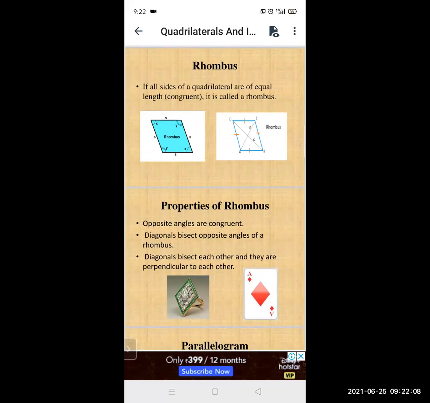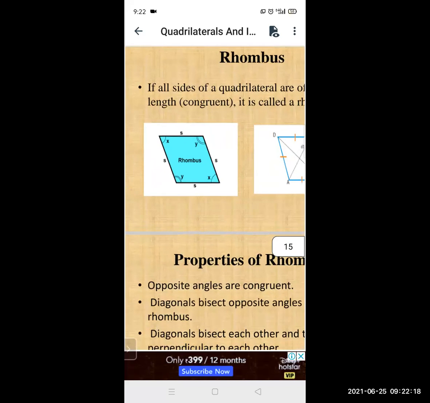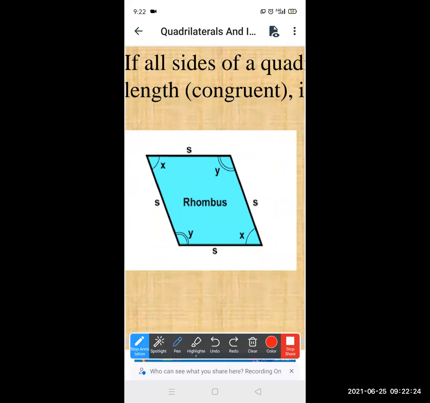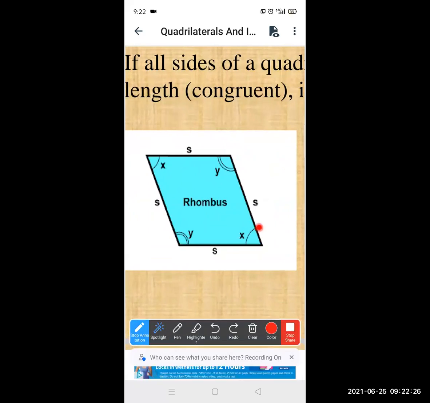Now, what are the properties of a rhombus? First, opposite angles are congruent. We have seen in this diagram that opposite angles are congruent. Here it is X, here it is also X, so the opposite angles are congruent.